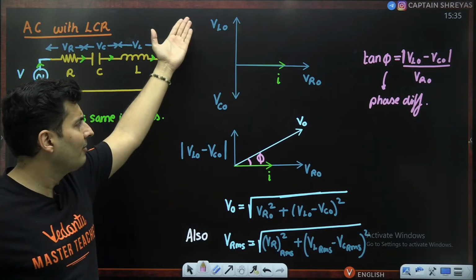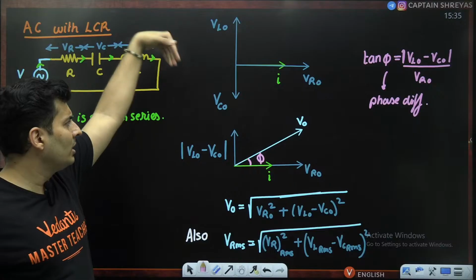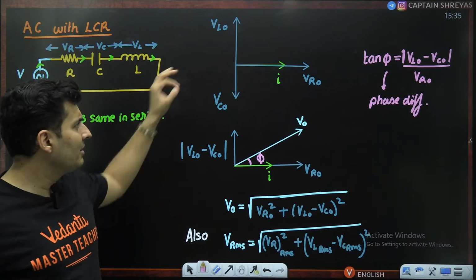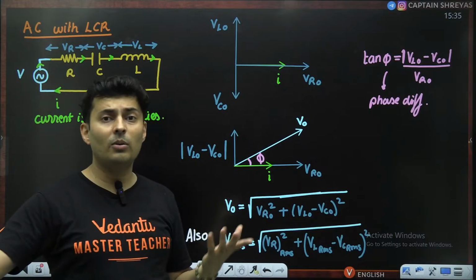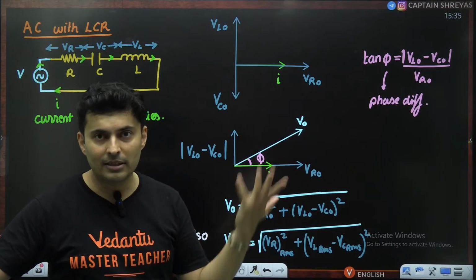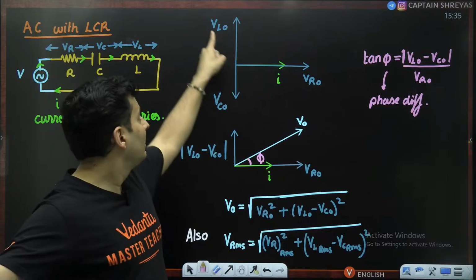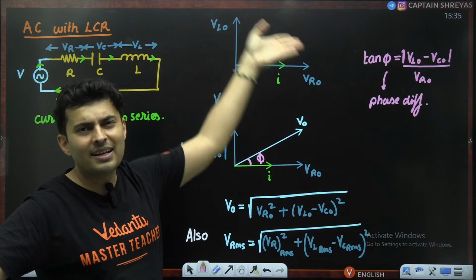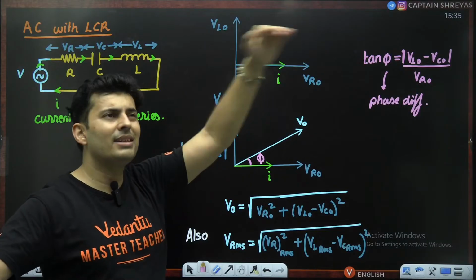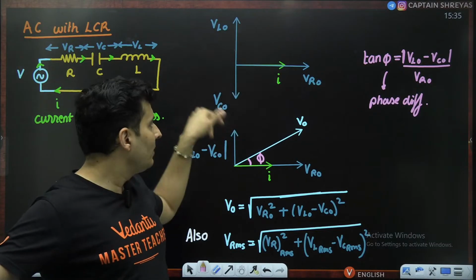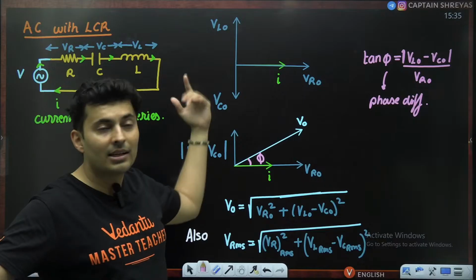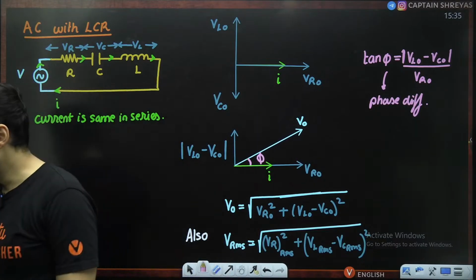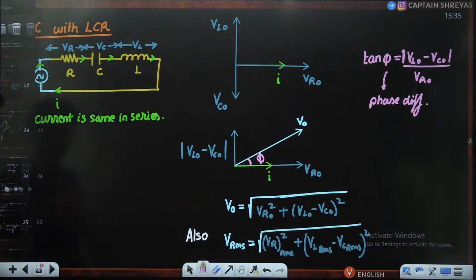If you ever forget whether the inductor was on the top or the capacitor was on the top, remember this line: love is above everything. So L, for inductor, is above everything, and the resistor always is with the current. The only one left over is C, the capacitor, so the capacitor is below over here. That's how easy it is to remember.